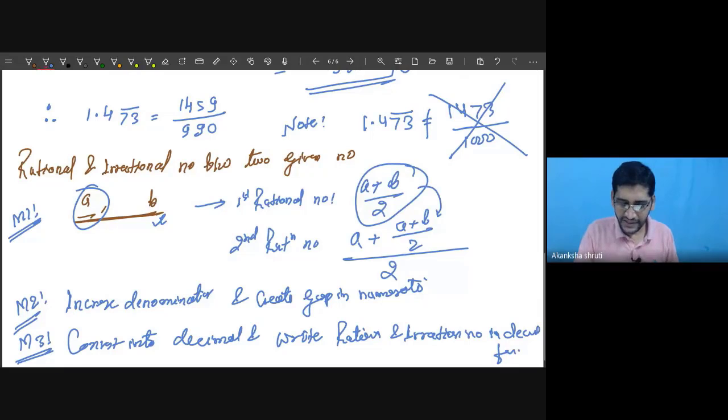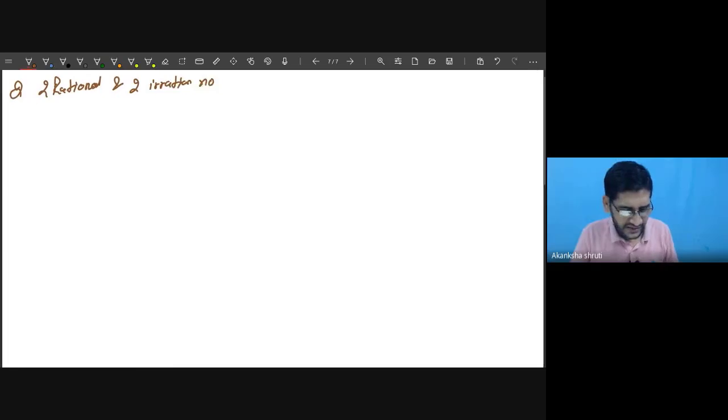How is that? Let us see. Students, a question may be asked: you have to write two rational and two irrational numbers between, let us take 5 by 6 and 2 by 3.